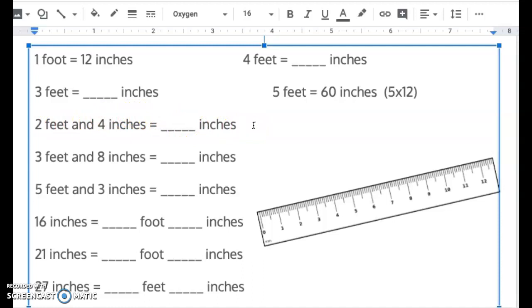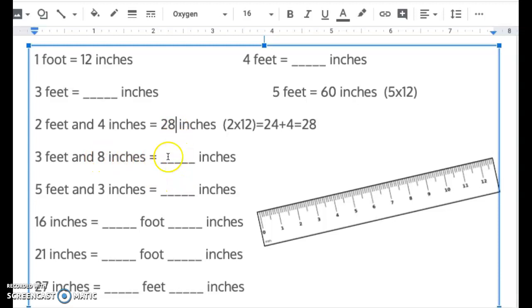So in my head, I think, well, 2 times 12 inches, that is 24. And then I have to add the 4 inches. So that would be 28 inches. See how I think that through?